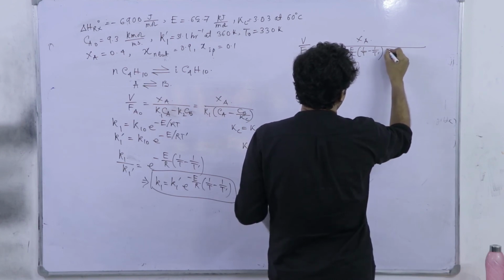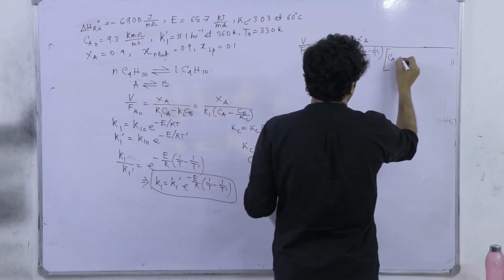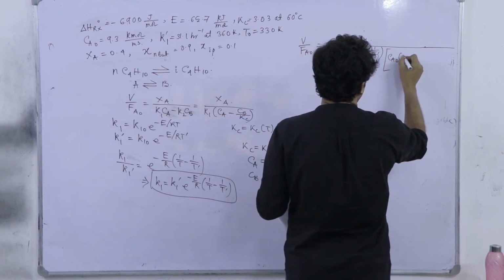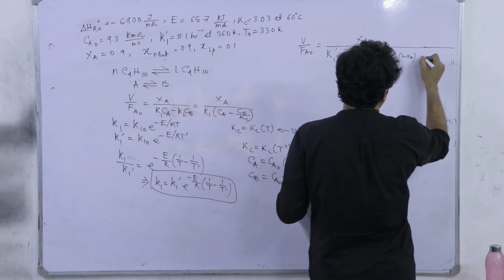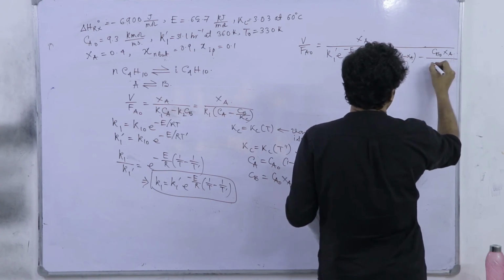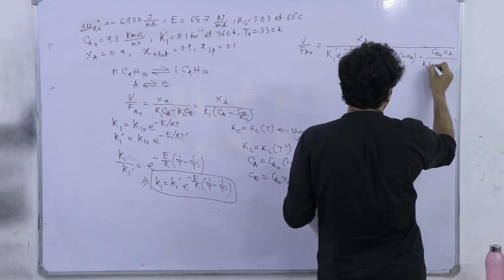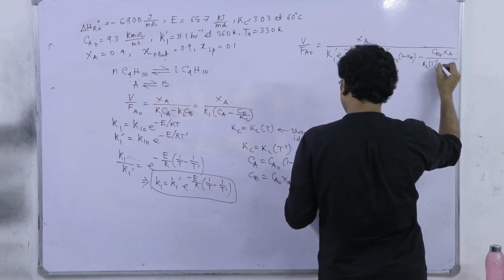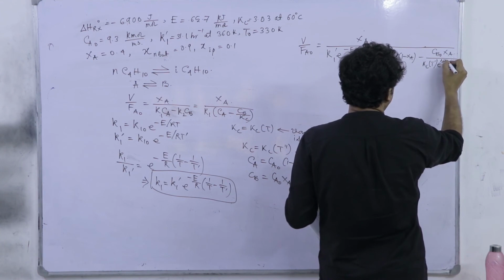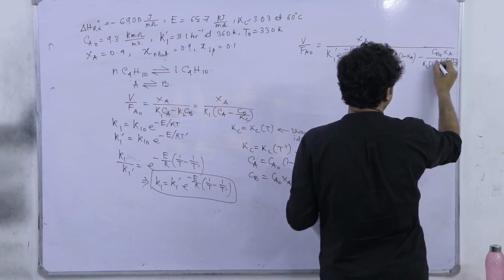That is fine. And here it is Ca naught into 1 minus Xa minus Cb naught into Xa divided by this Kc at T prime into exponential of delta H Rx naught by R 1 by T double prime minus 1 by T.